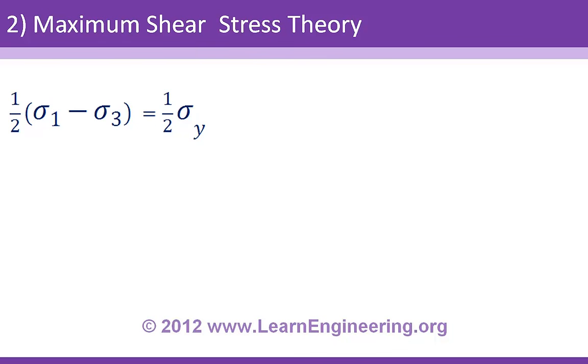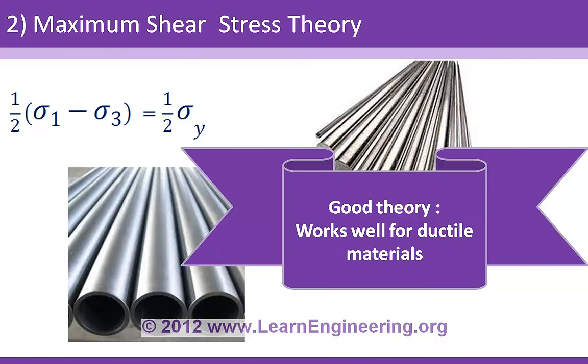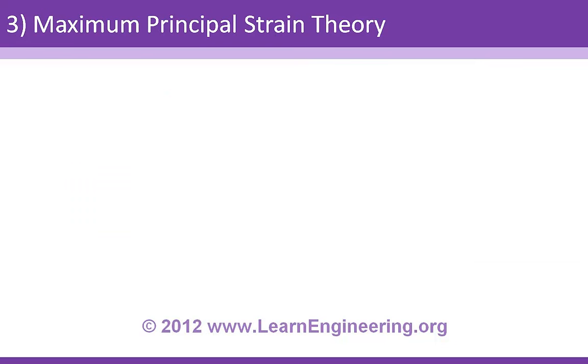So just equate these values and this will be the condition of failure. This theory holds good for ductile materials such as steel and aluminium, and it is a pretty good theory to work with.